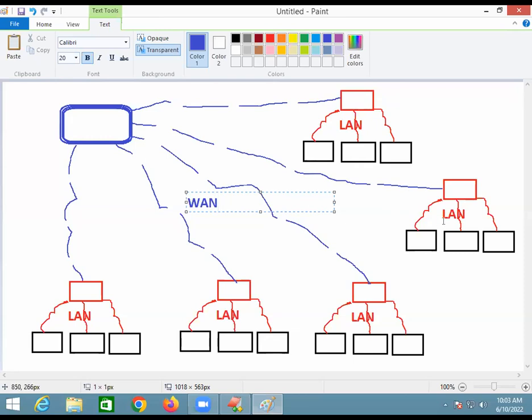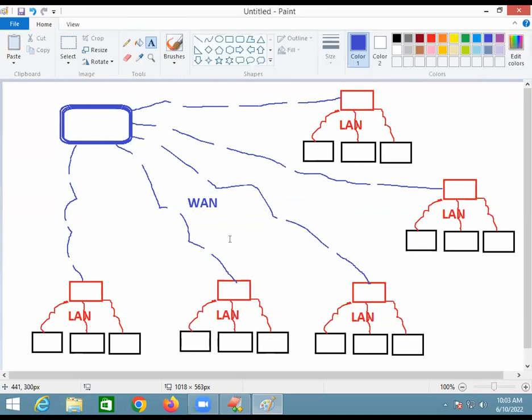This is a LAN, local area, and this is the wide area. Wide means, sir, unlimited areas. We can access anywhere. So this total environment is called the internet. Network, sir, only this circle is a network.